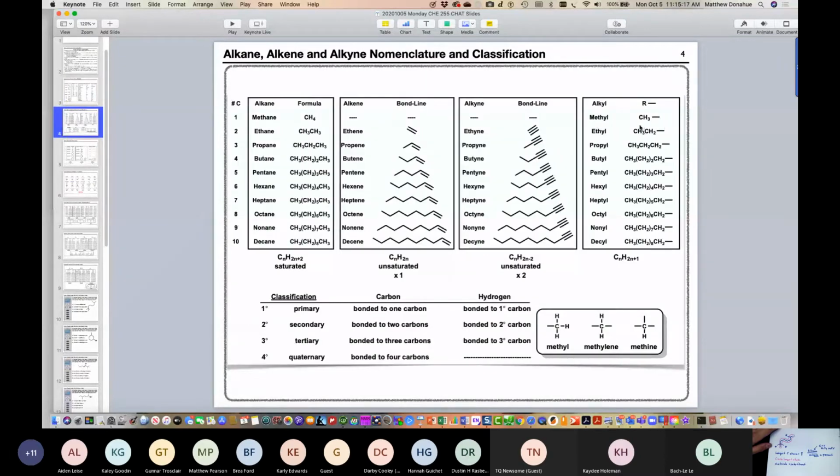So I'm back on the screen here, and I say it's a 1 carbon substituent. So see where my mouse is pointing, there's 1 carbon, right? So that substituent is called a methyl group. So that's where that comes from. So a methyl substituent is this, CH3. So you have CH3, CH3, CH3. So there's 3 of them.